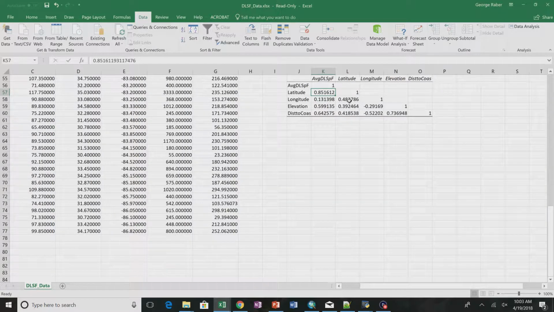Maybe a little bit, because as you travel east, you're getting closer to the coast. And you can see that the second highest degree of correlation is actually distance to coast. So there is a relationship. It's not as strong, but there is a relationship between the distance to coast and the average date of the last spring frost.